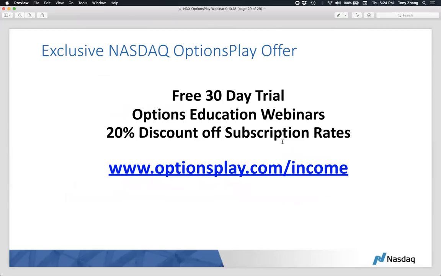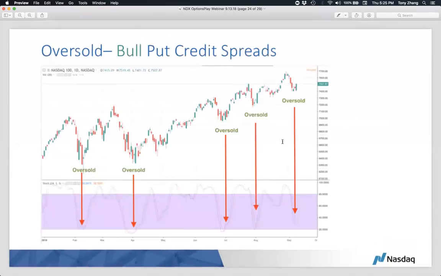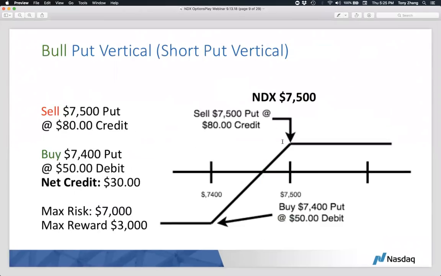I hope you guys have found this presentation useful. Like I said, if you're interested in selling credit spreads, and half of you say you sell credit spreads, but on stocks and ETFs, some of you may not have known the benefits of trading index options versus ETF options when selling credit spreads.